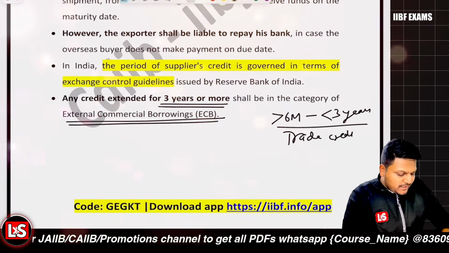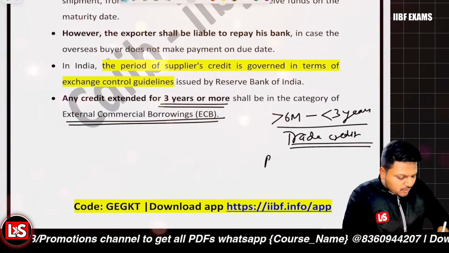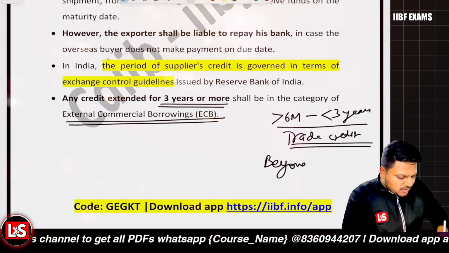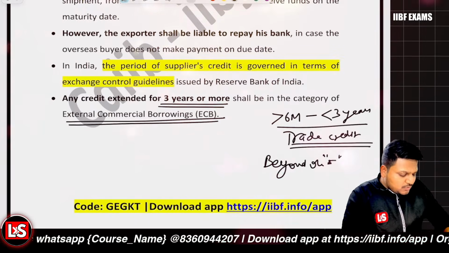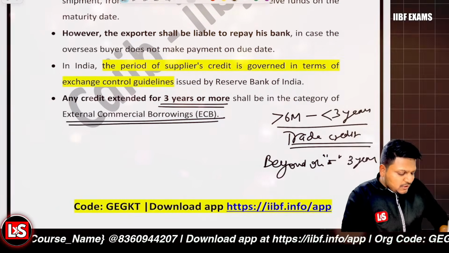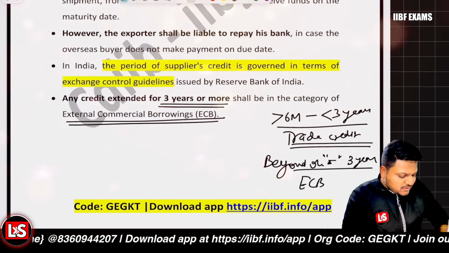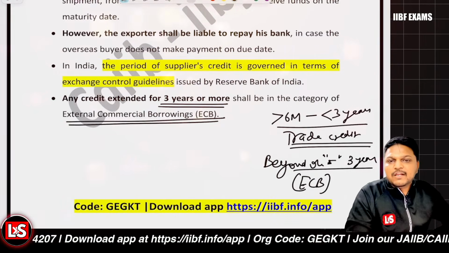But if it is equal to or beyond 3 years, then we say it to be the ECB, that is, external commercial borrowing.